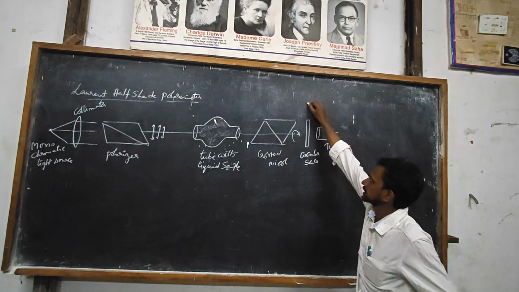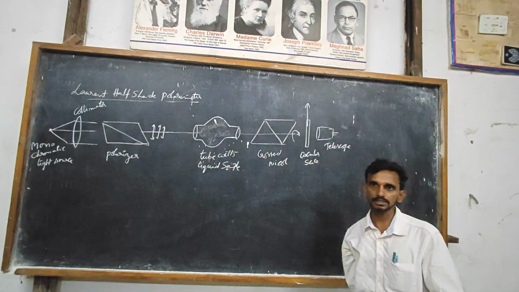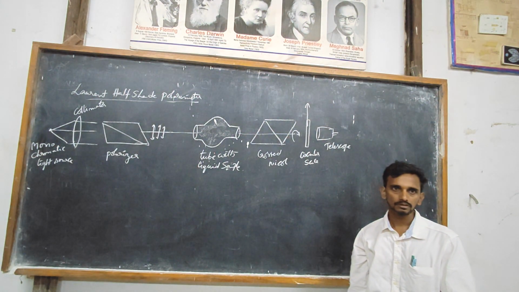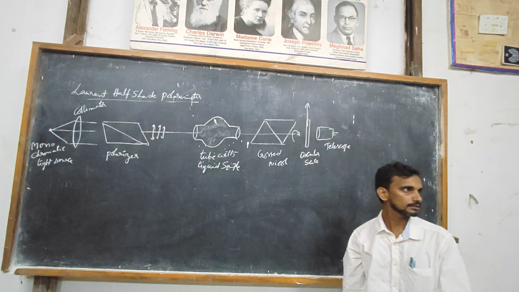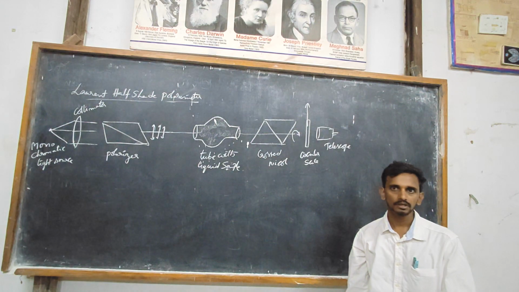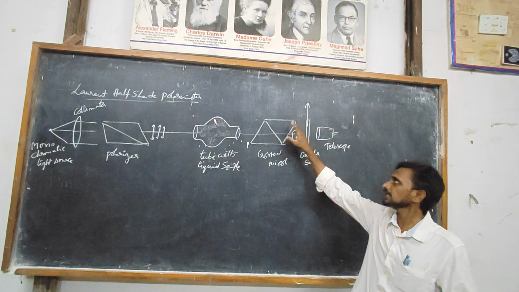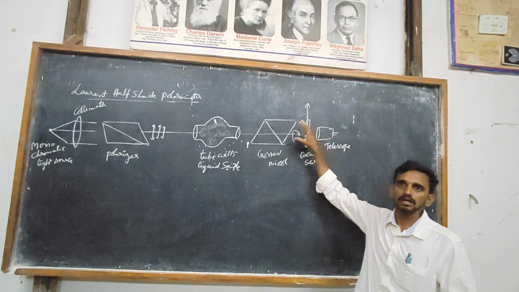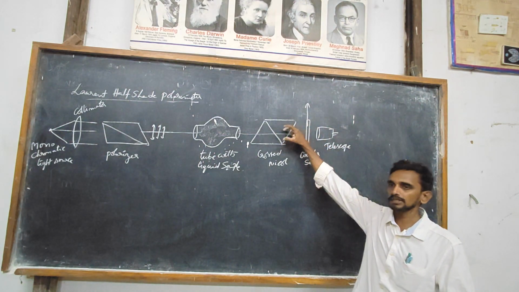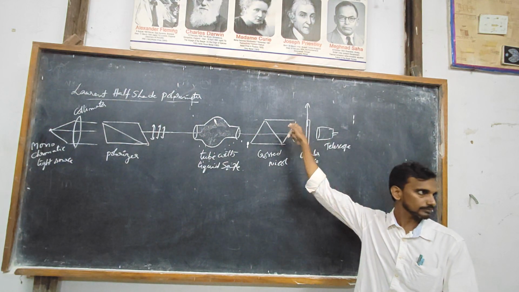So I record the reading for the initial orientation with zero intensity without sample. Then I introduce a sample and observe some light, and I start rotating this crossed nicol till I get zero intensity again.